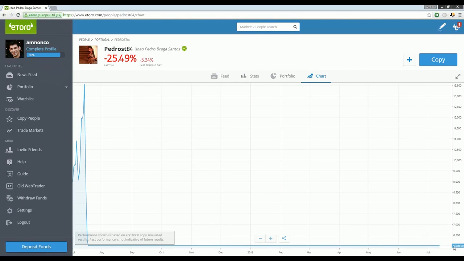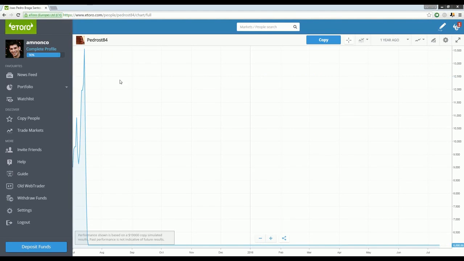So it really is important to understand this concept, because this is a chart for copiers and not for the trader themselves. You can use this as a tool to find investors or traders to copy, because this is exactly your expected results.